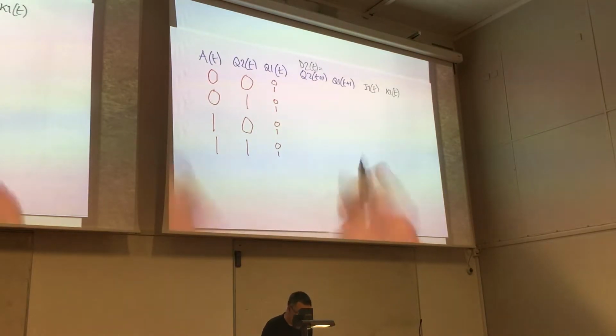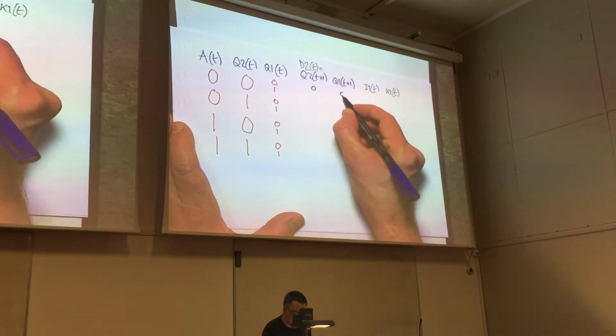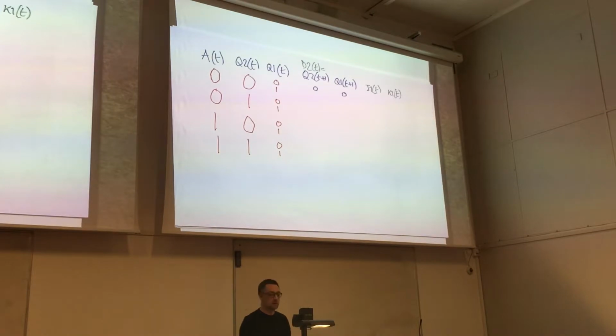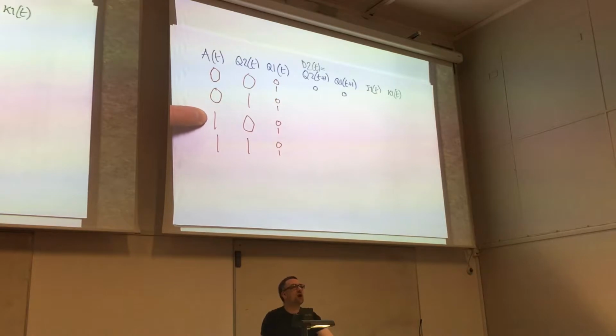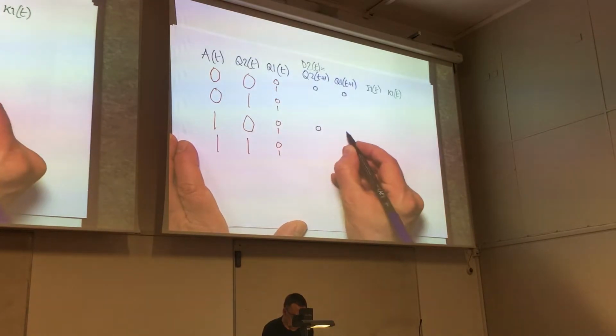Countdown is 0 here, it stays 0. Are there any other rows that we know? Well, just from the rule that says when the countdown reaches 0, it stays 0, we're not there yet with row 1, because the countdown isn't at 0 yet. Row 4 is the other row where the countdown is already at 0. So there it stays 0 as well.